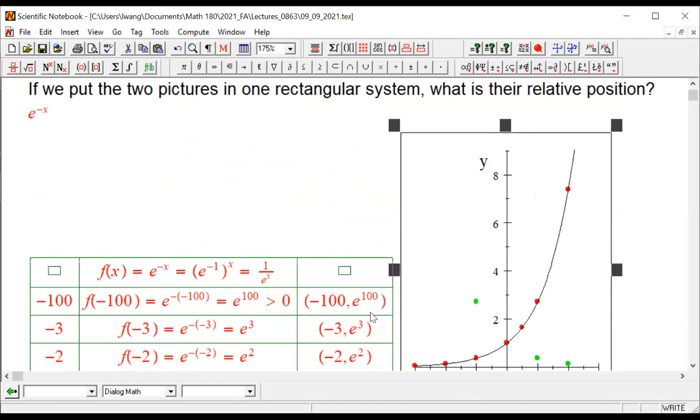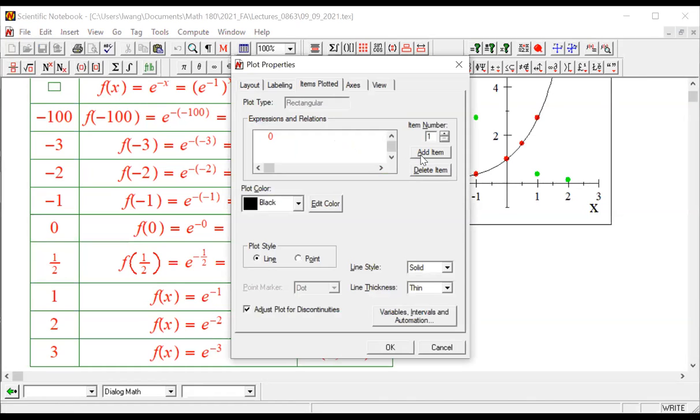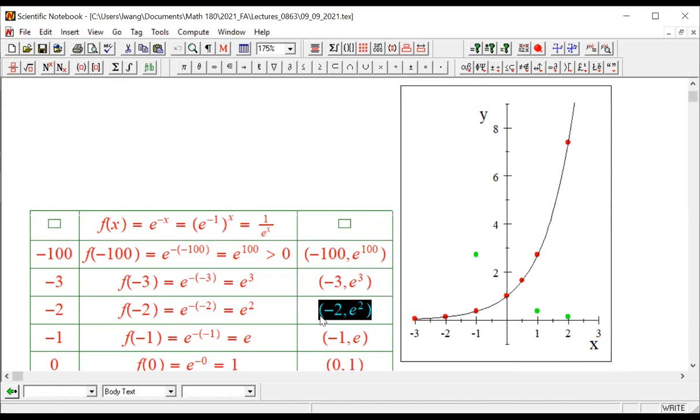Do we start to have a glimpse of it? -1. Do we? Everybody? Are you proud of yourself? You're doing this. -2 as input.